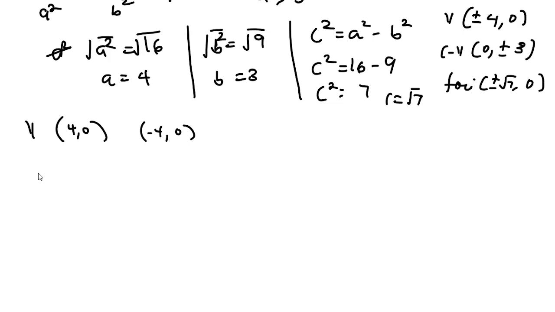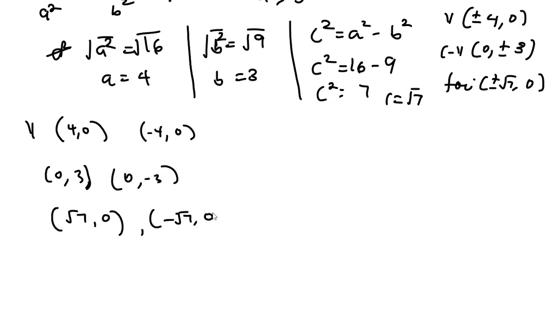Then the co-vertices, we have 0, 3 and also 0, negative 3. Then the last one, the foci, are root 7, 0 and also negative root 7, 0.